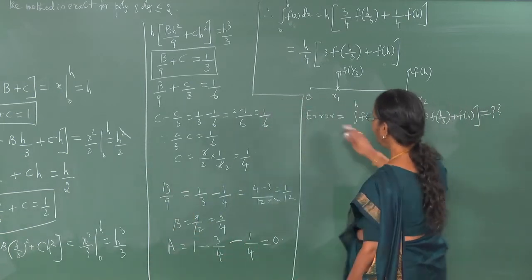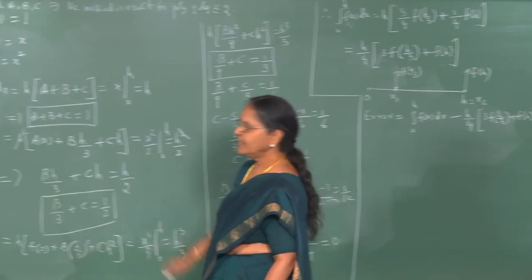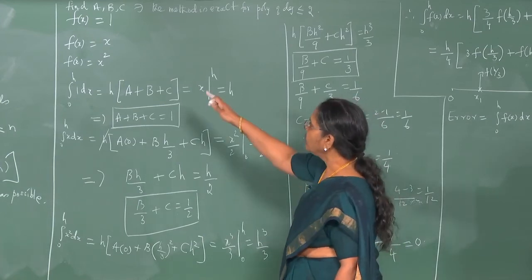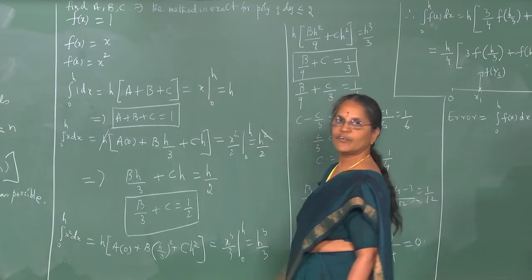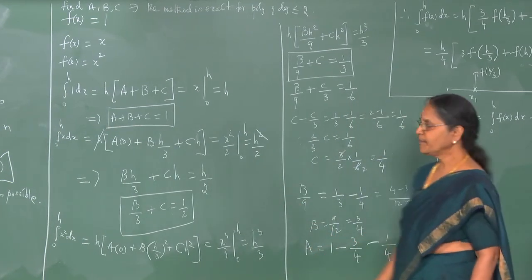The other way of evaluating is to see, is this method exact for polynomials of degree 3, namely when f of x is equal to x cubed, is the method exact? Let us try.